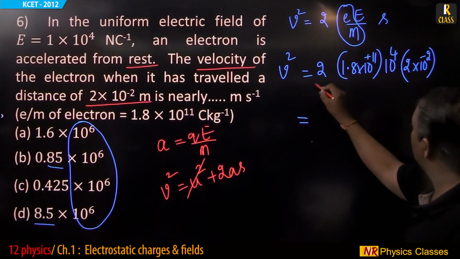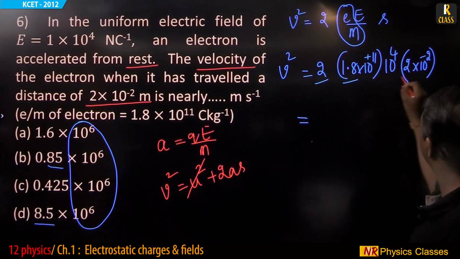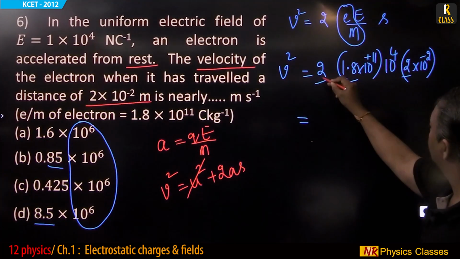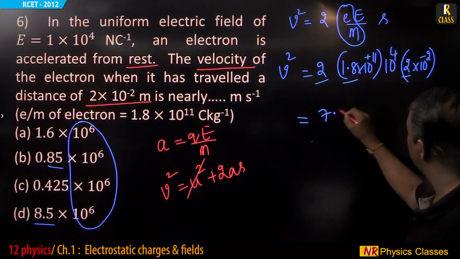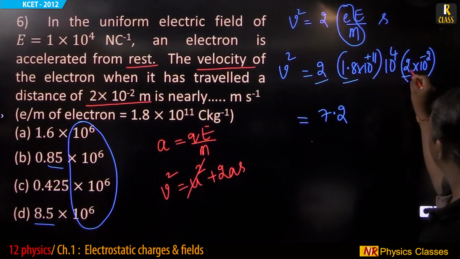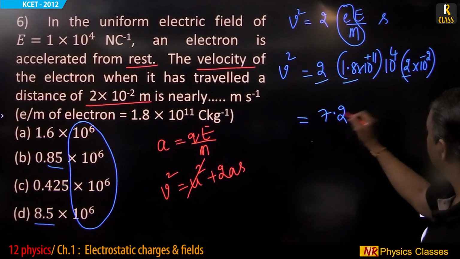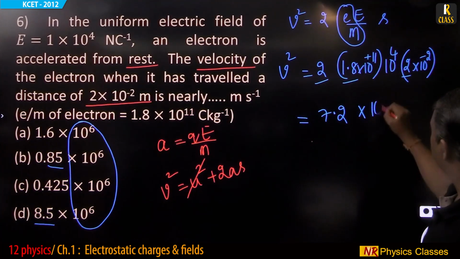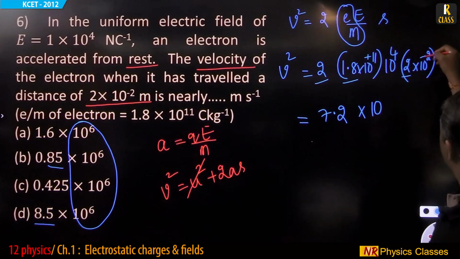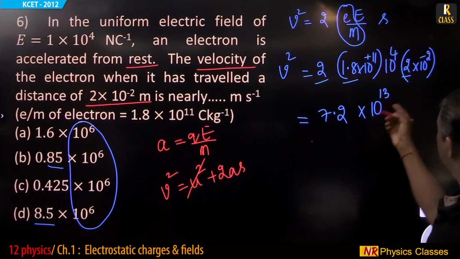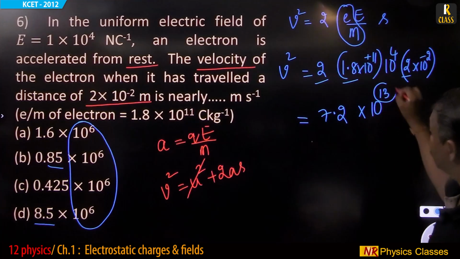See, 2 into 1.8 into 2, 2 into 2 is 4, 4 into 1.8 is 7.2. 10 to the power of 11, 4, 15, this is 13. Give one 0 to this because it is an odd number.